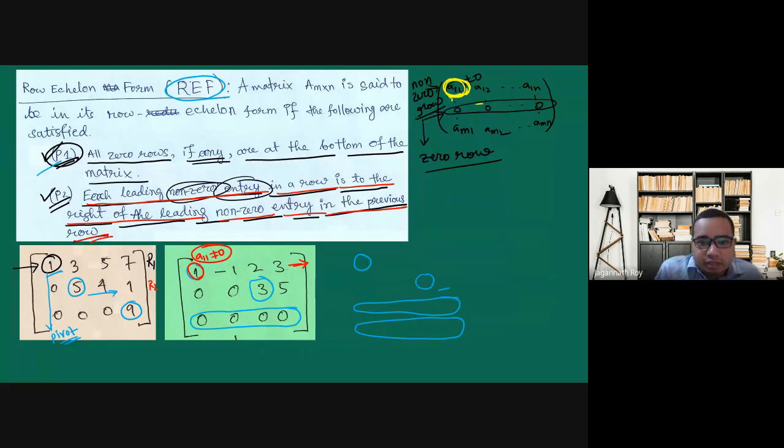Then the leading non-zero entry in the next row, row 2, is 3, and this is to the right of the leading non-zero entry of the previous row. The 3 could also be here, and then also it is row echelon form. But in a particular example, we may get 0 here, but we can get a non-zero here. So that is also fine.